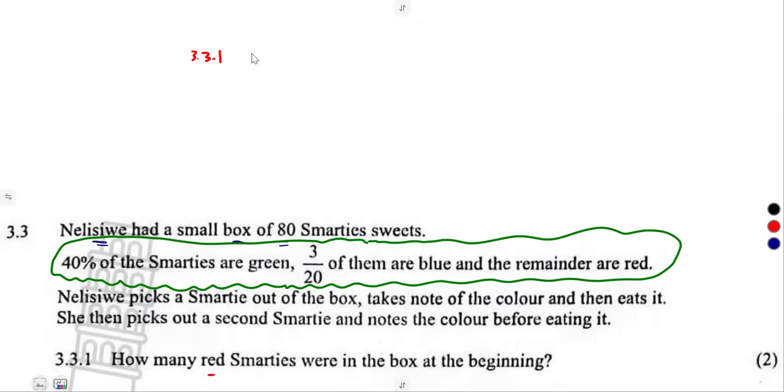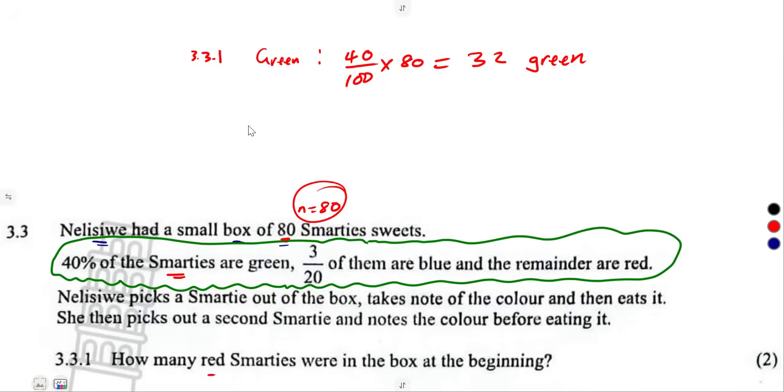So let's start with green. 40% of what? Of the Smarties, 80. The total is 80. So 40 over 100 times 80 gives us the green, which is 32. So 32 are green.